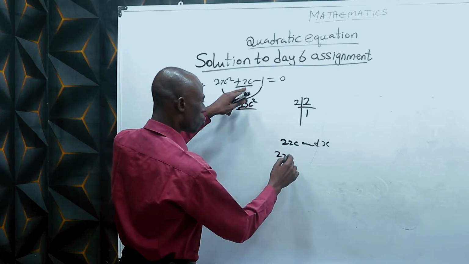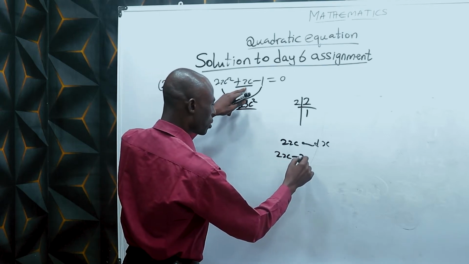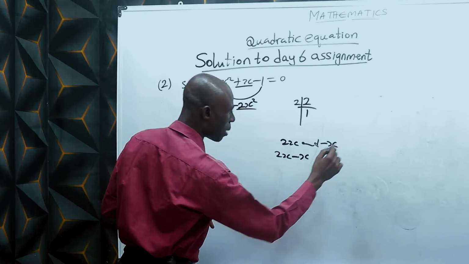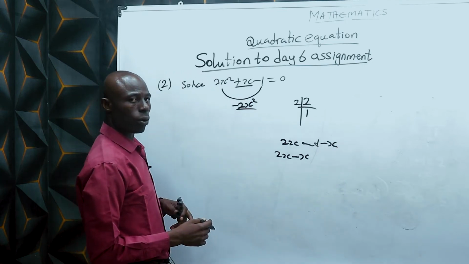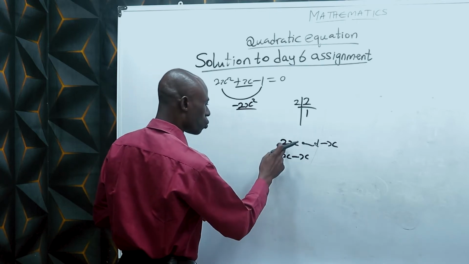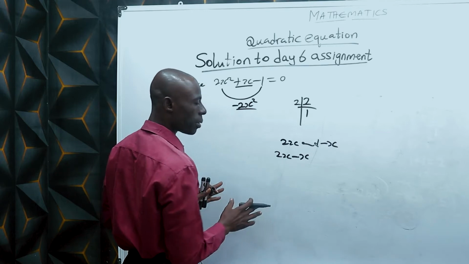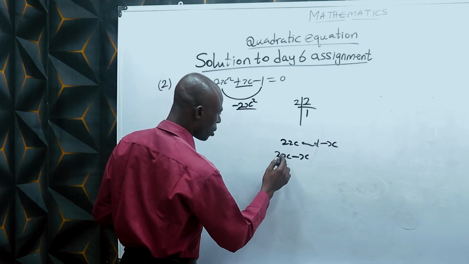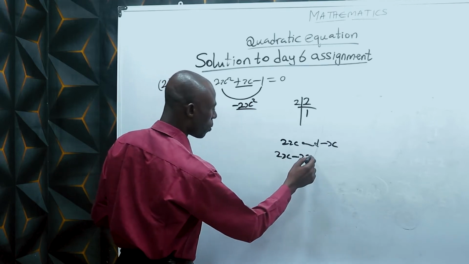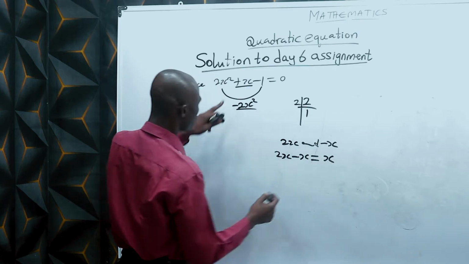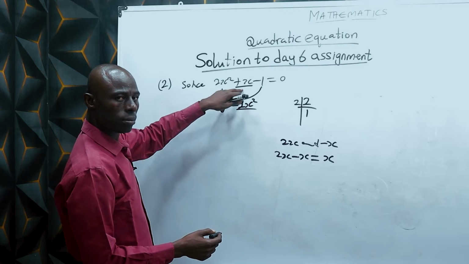We have 2x minus x, meaning that this second factor will be minus. Do you understand? So 2x and minus x are the two factors in algebraic sense here. So their resolution will give us x, which is the middle term.